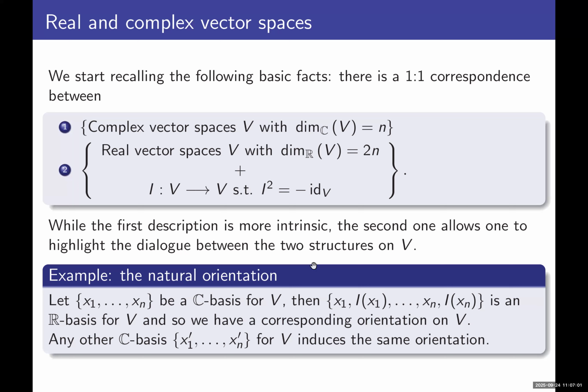So we get an orientation on the vector space V, which doesn't change if we change the C-basis we start with. So it's something intrinsic to the complex vector space, but to highlight it, this real approach is convenient.